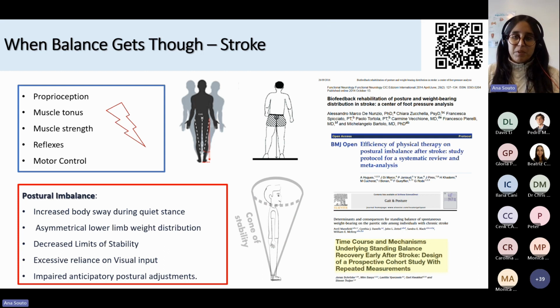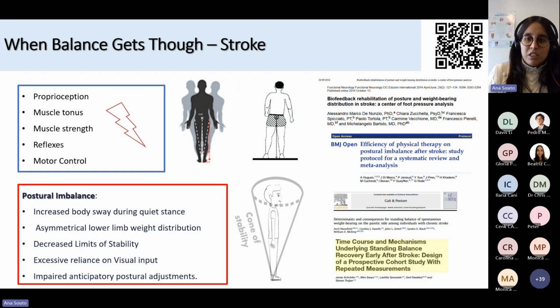Okay, so before we go into balance assessment with posturography, I think it's important to talk a little bit about some common neurologic dysfunctions and how balance is compromised in each of them. So let's start with stroke.